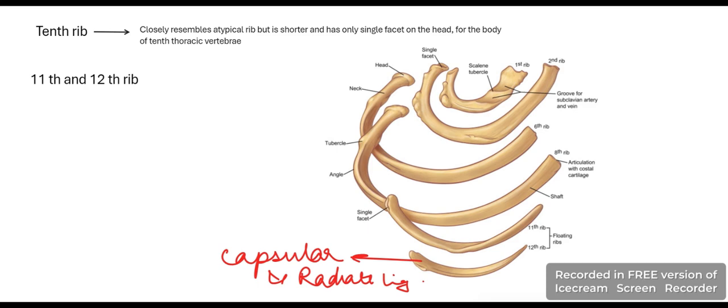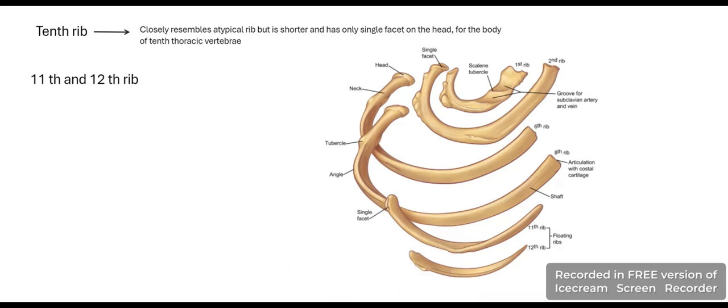Now next, the following which I am going to tell are attached to the inner surface of the 12th rib. First is the muscle attachment, quadratus lumborum, which is inserted on the lower part of the medial 2/3 of the surface.